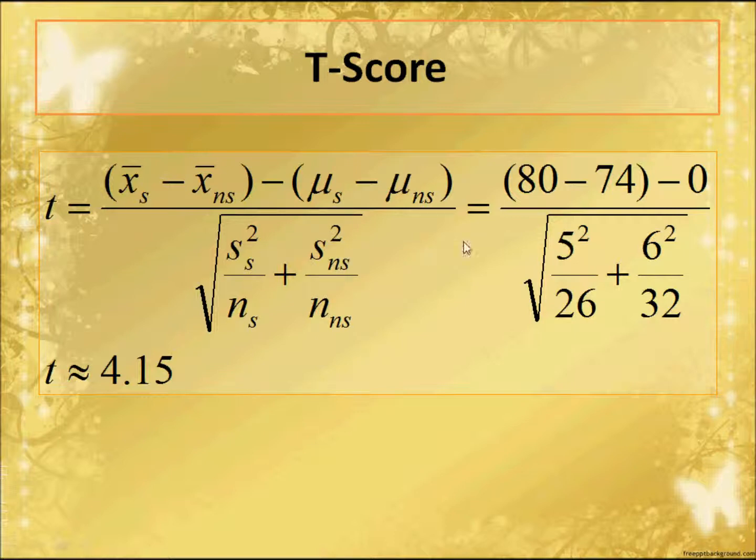When I plug my numbers in, notice mu sub s minus mu sub ns is 0. That's based off the hypotheses I had for H0 and HA. When I brought them over, it said equal to 0, so this is always going to end up being 0 for what we're doing. And when I calculate it, I get a t-score of approximately 4.15.